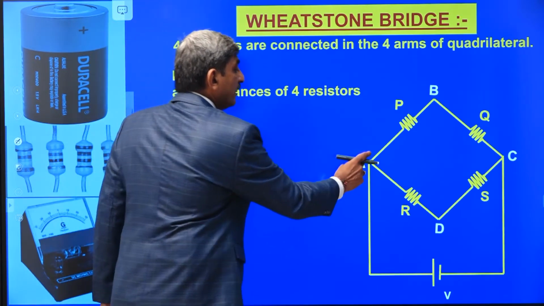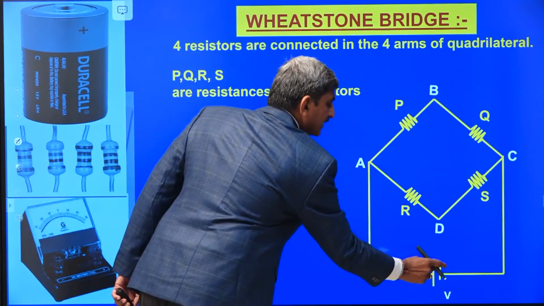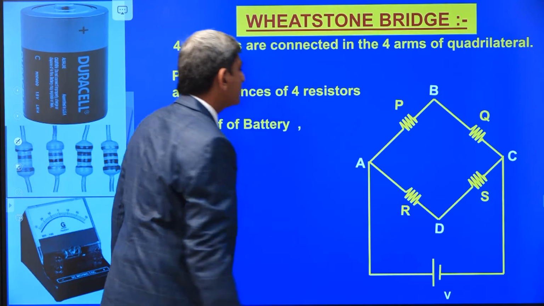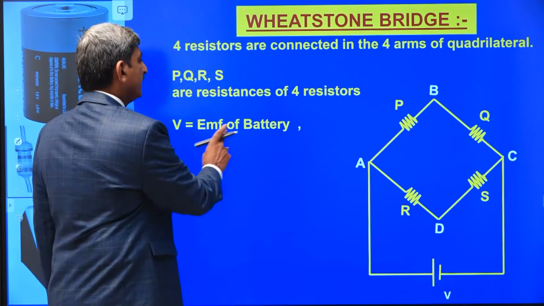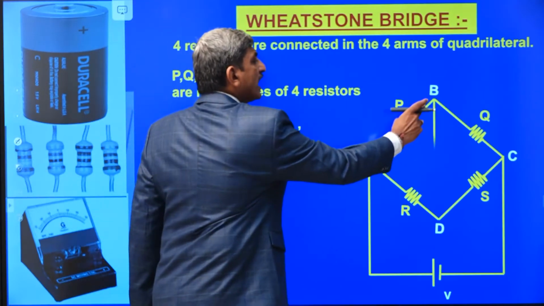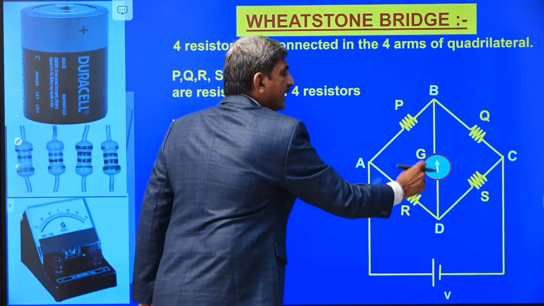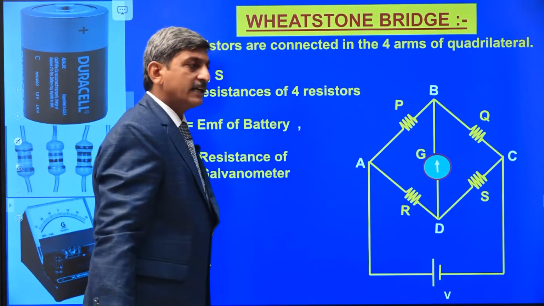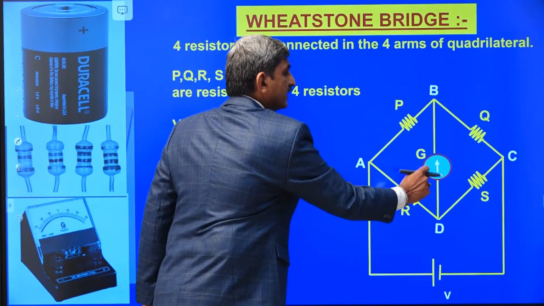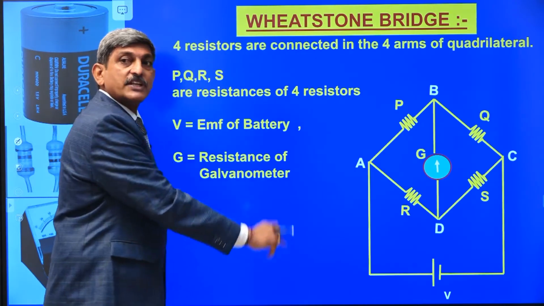Now, in between the 2 opposite corners A and C, a battery is connected whose EMF is V. So, V is the EMF of the battery. In between the 2 other opposite ends, B and D, a galvanometer is connected. Here, this is the galvanometer. Let G be the internal resistance of the galvanometer.